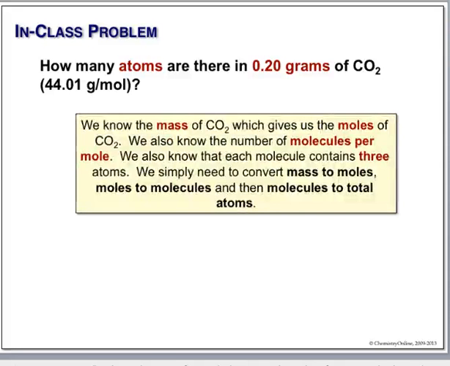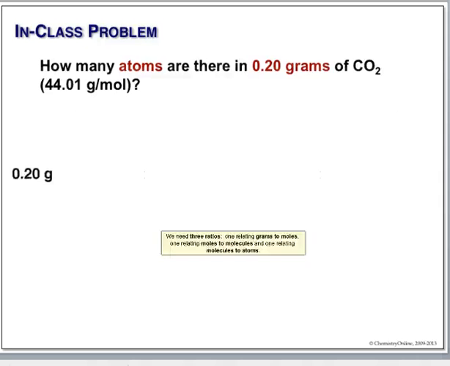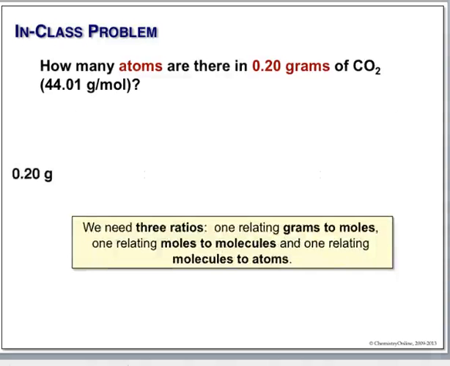So think about how you would set up your ratios. You're going to start with your given. Grams is in our denominator, so we want to take this, put grams in our denominator. That'll give us moles. Then we need Avogadro's number, and then we need 3 atoms per CO2. Grams to moles.